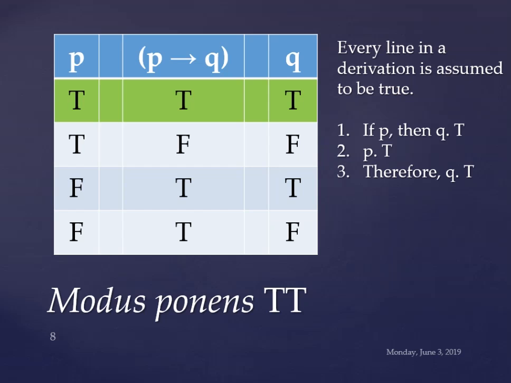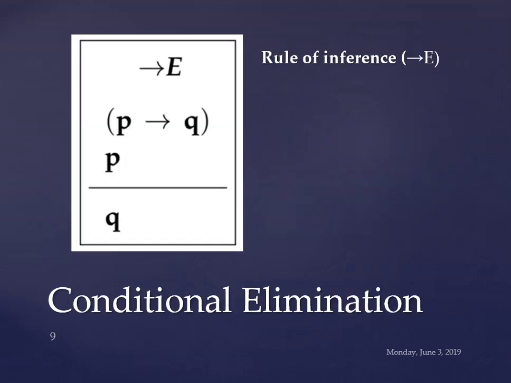And we can actually distill this truth table into a rule of inference. So we're going to capture that here. Now, I call this a rule of inference, and this rule of inference has a specific name. We're going to call it conditional elimination.